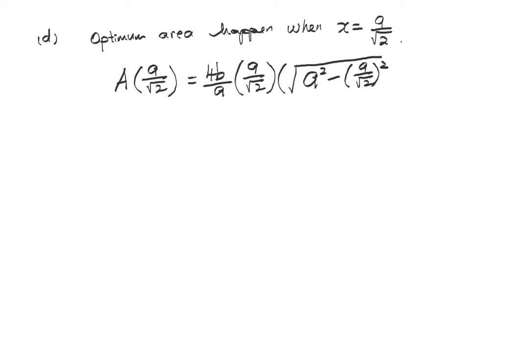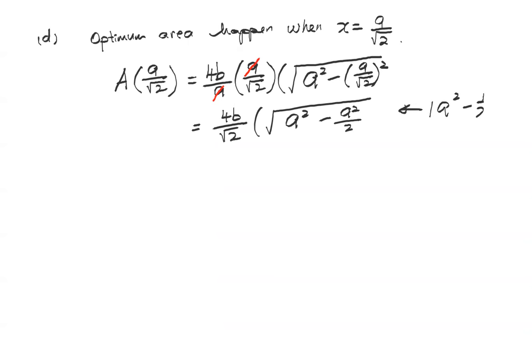Got it? So now, a and a cancel, because one is at the numerator, the other one is at the denominator. So outside here, I have 4b over root 2. Square root of a squared minus, if I expand this, it will be a squared over 2. So this one, I will read as 1a squared minus half a squared.